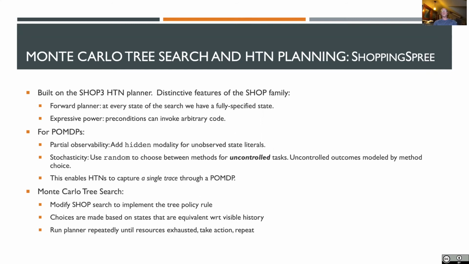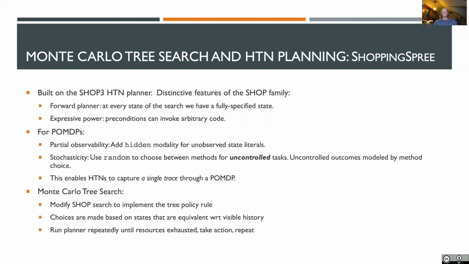Based on this, we can capture POMDPs with modest extensions. First, we add a hidden modality to the state to indicate unobserved state literals. And second, we model uncontrolled outcomes as method choice governed by preconditions using the random function. In this way, the standard SHOP planning algorithm can compute a single trace through a POMDP.